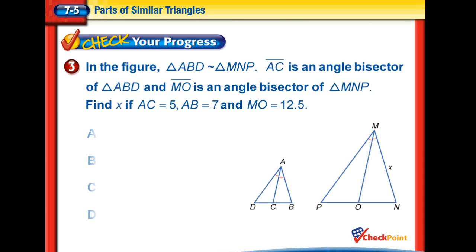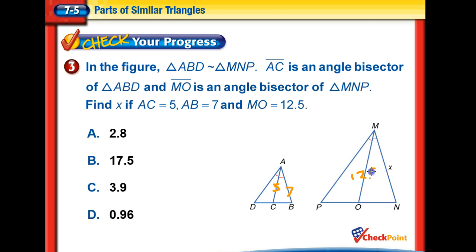Okay, here is a place for you to check. Now we have AC is an angle bisector and MO is an angle bisector. And we know that AC is 5, so this piece here is 5. AB is 7. MO is 12.5.